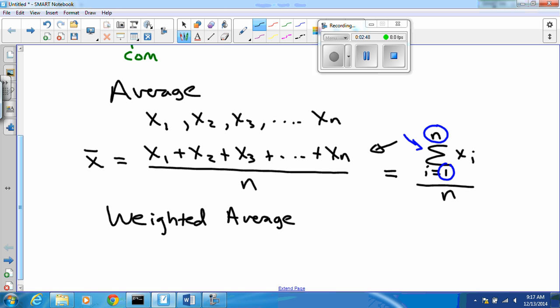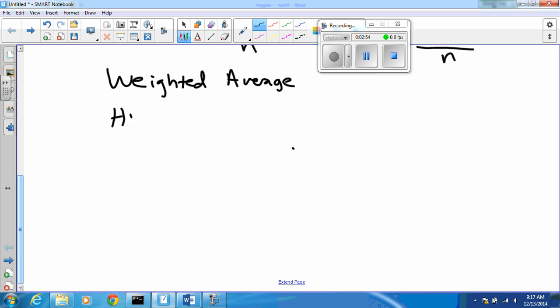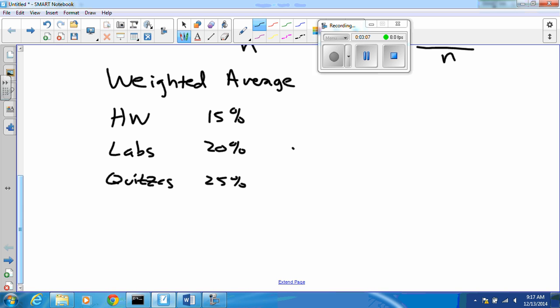For example, your physics grades are a weighted average. The homeworks count as 15% of your grade, and your labs count as 20% of your grade, and your quizzes count as 25% of your grade, and your tests count as 40%.